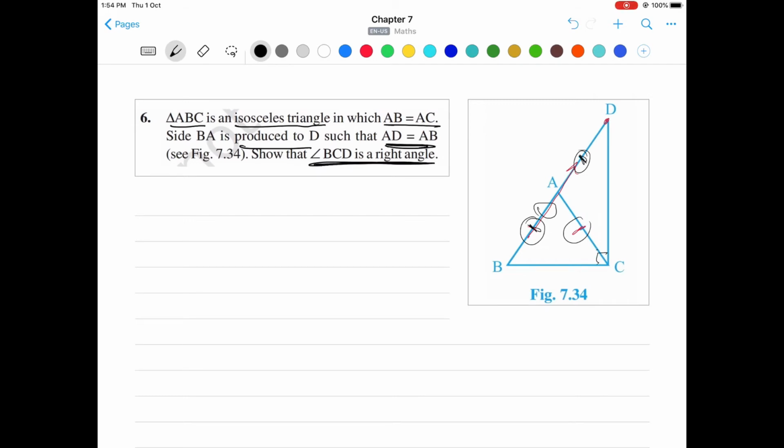Okay, so let's start answer number 6. We'll start with writing the given part.